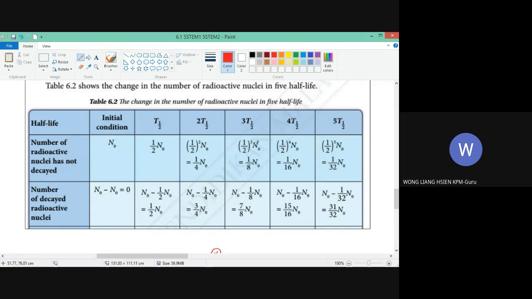That is why after n half-lives, the number of unstable nuclei that is left can be calculated by taking the original number times half to the power of n, where n is the number of half-lives already passed. Okay, get the idea.